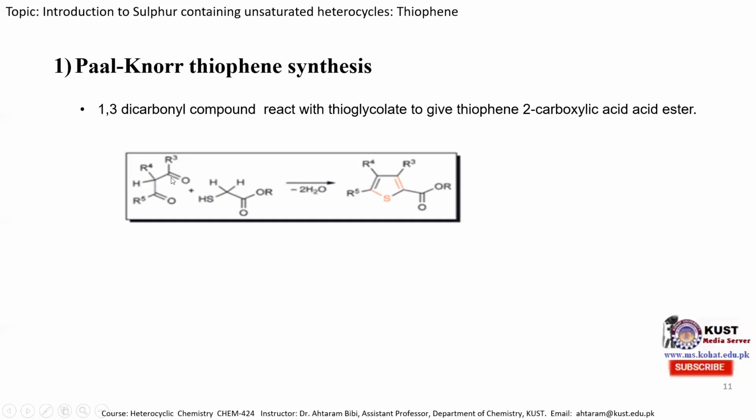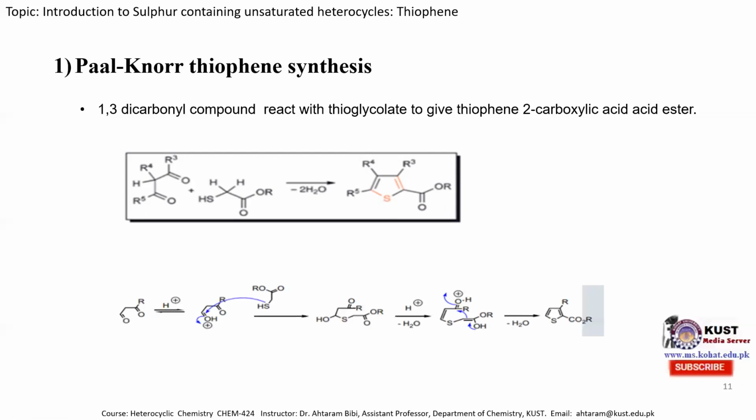In the previous slide, I mentioned the 1,4-dicarbonyl compound, which produces a thiophene molecule when reacted with a sulfur moiety. But it is also reported that the 1,3-dicarbonyl compound produces a thiophene molecule when it is reacted with thioglycolate, and 2 water molecules are eliminated.